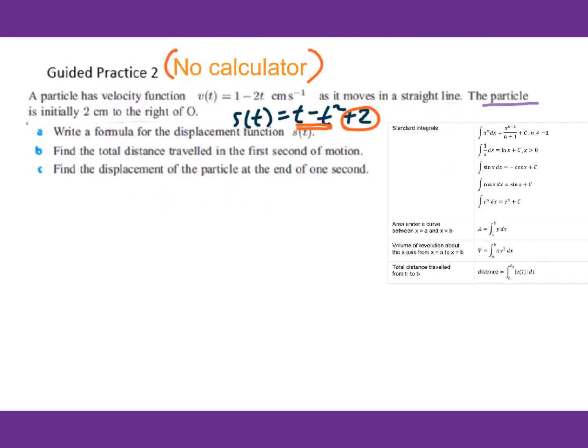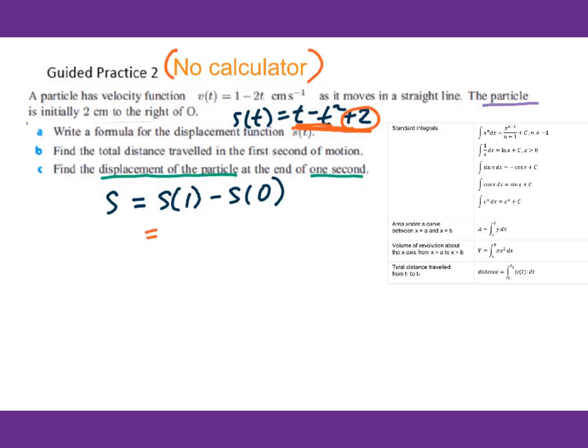Now let's go to C. Find the displacement of a particle at the end of 1 second. This displacement equals s sub 1 minus s sub 0. You can use this formula.